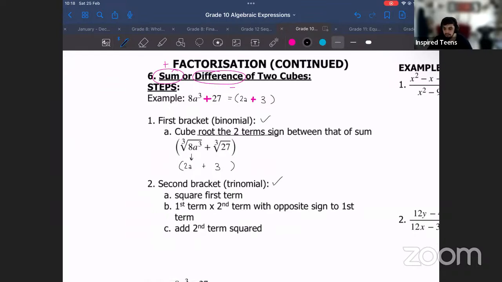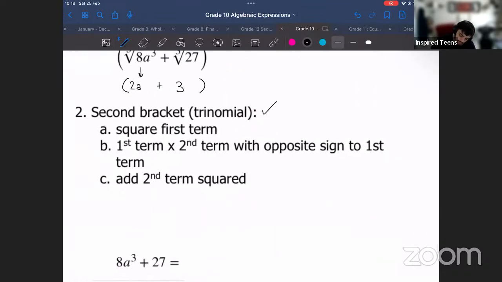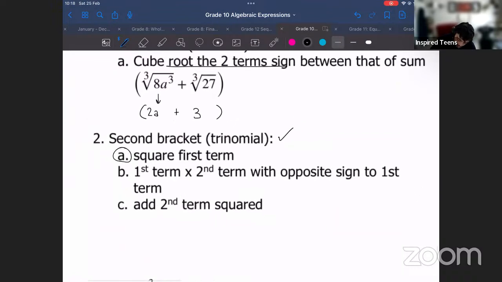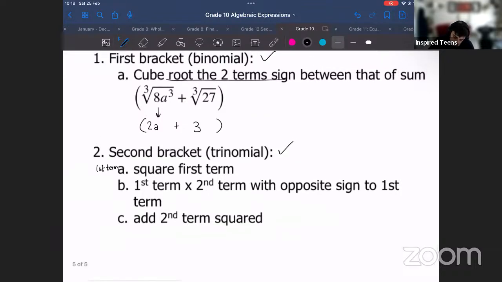Second bracket is a trinomial. So with the trinomial, you're going to form 3 terms. For the first term, you're going to square the first term. Remember, this is the first term in the trinomial. When they say square the first term, they're talking about the first term of the binomial that we just created.